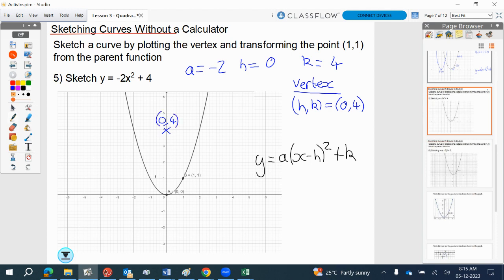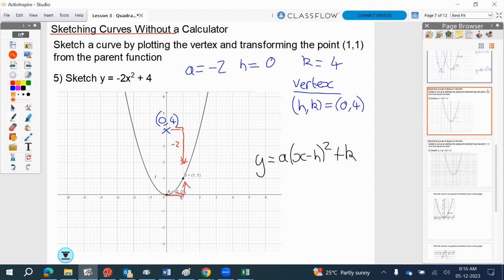Now the value of a: we multiply the y value of the characteristic point by it. Watch this one carefully. We normally go 1 across, 1 up. This time, we're going to multiply that y value of 1 by a. What will it become? 1 across, negative 2 up. What does negative 2 up mean? 2 down. So we are going to go 1 across and then negative 2 up, in other words, 2 down.